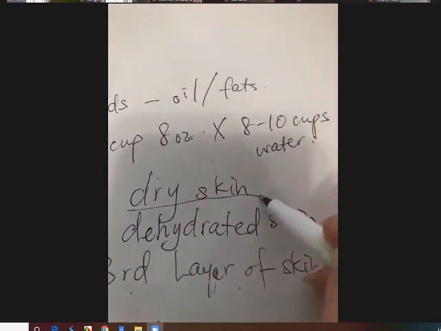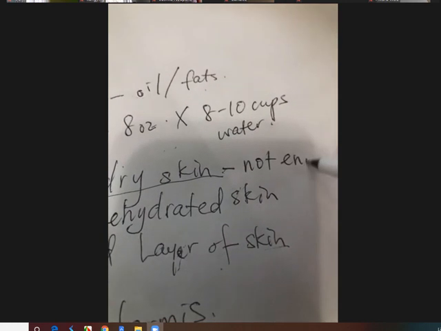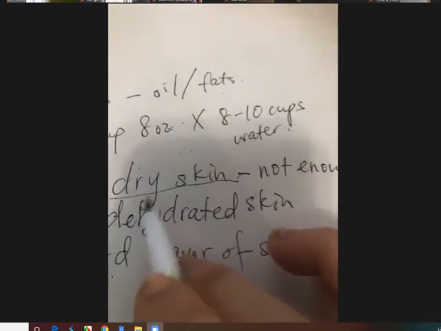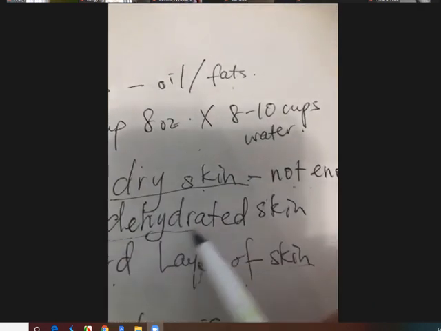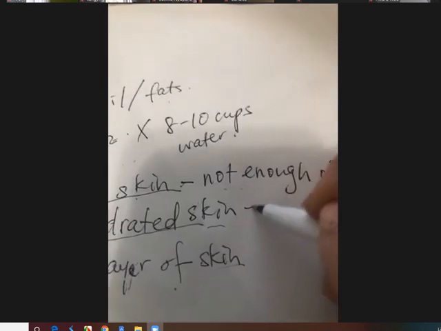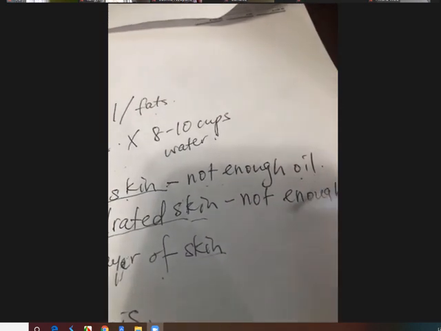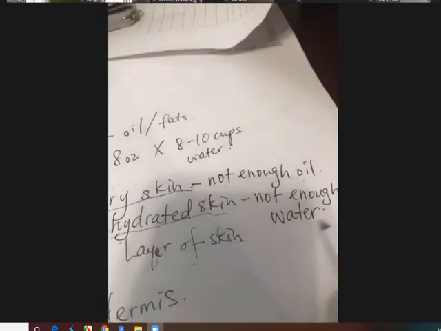Now, dry skin means not enough oil on the skin. 当你讲干性皮肤是不够油。Dehydrated skin means not enough water.